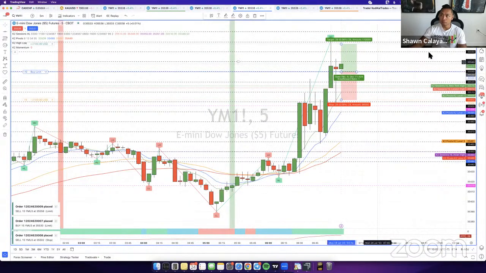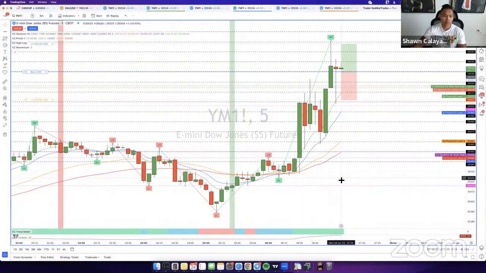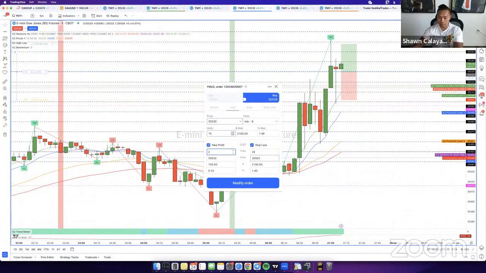All right, so I got a pending order right there at the 30 mark. See, the ATR kind of shifted a little bit, so I had to make some adjustments. It's going to be 27 instead of 28. Not a huge difference.